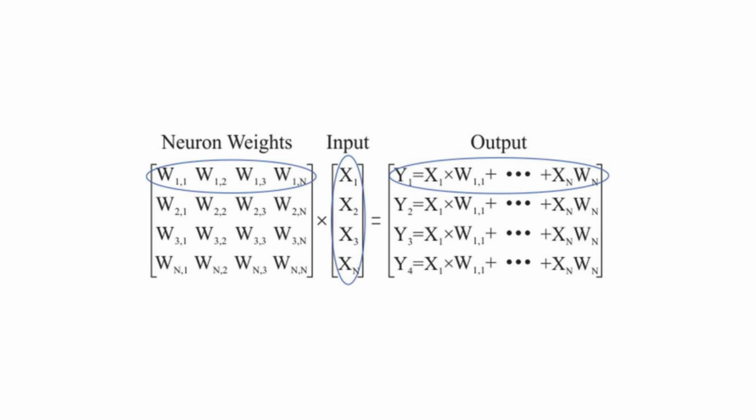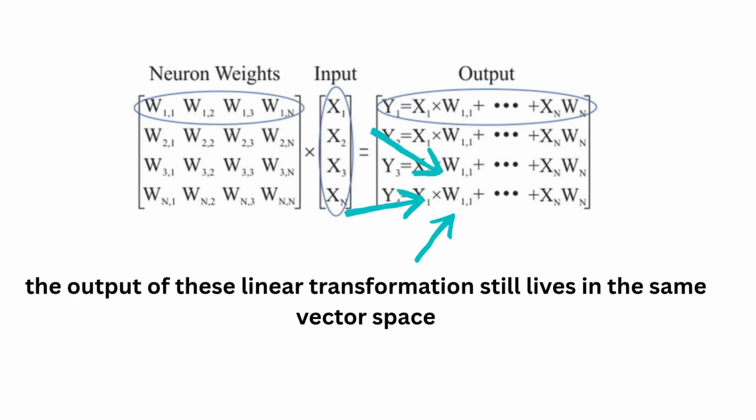So x is an input: x1 is one input and w1 is its weight. You multiply x1 into w1, then x2 into w2, and you add those, and this summation still results in the same vector space. This is the heart of dimensionality reduction techniques like PCA.